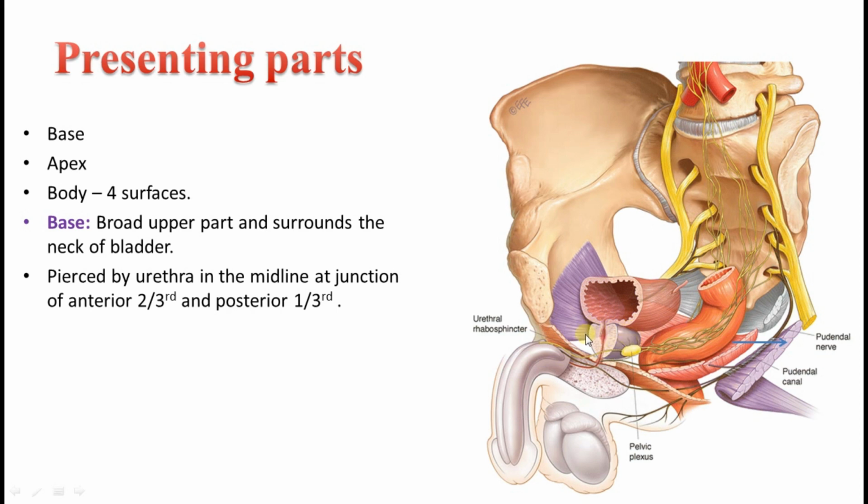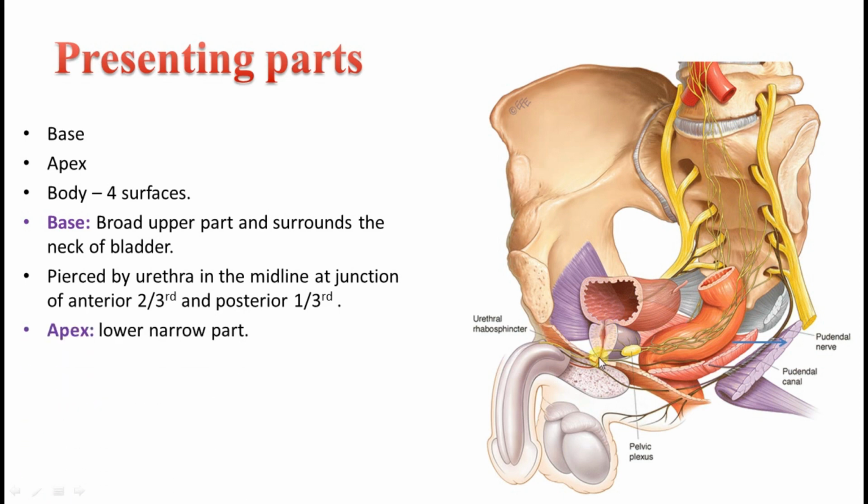The anterior 1/3 has been removed to show the urethra, which is passing inside the prostate, the prostatic part of the urethra. So the base is pierced by the commencement of the urethra at the junction of anterior 1/3 and posterior 2/3.